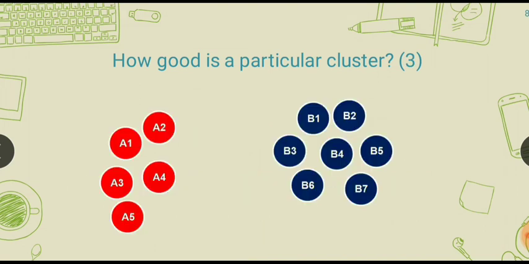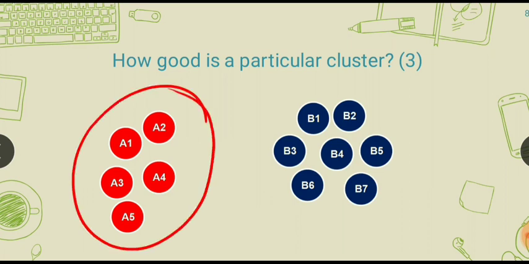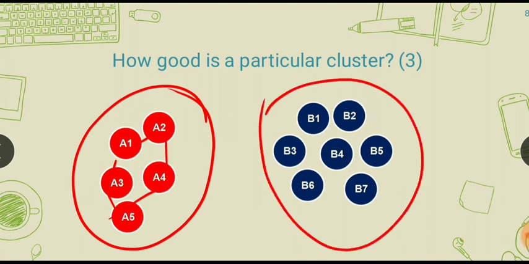Now, if you look at this, that's what I was going to say. I find out the distance of every data object from every other data object in a particular cluster, here also, and I get the average, and then I find out the distance between the two clusters.